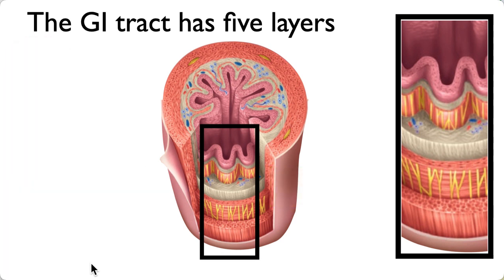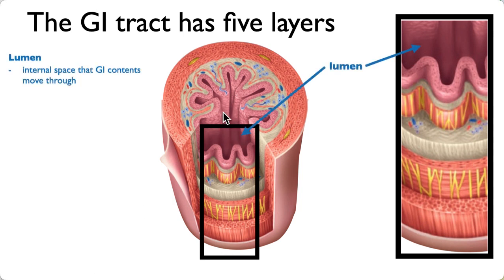Before we talk about the layers, though, let's just orient ourselves. The inner part of the tube is called the lumen. We use this term for tubes in general, and you probably remember seeing it in blood vessels. But this is the internal space that the GI contents are moving through.